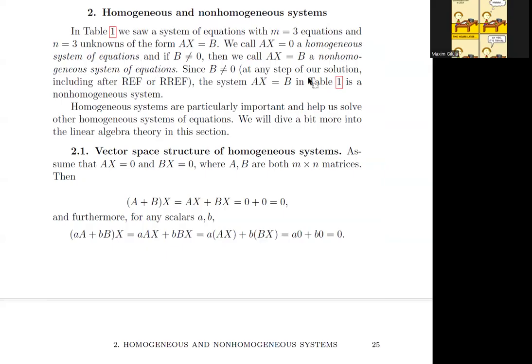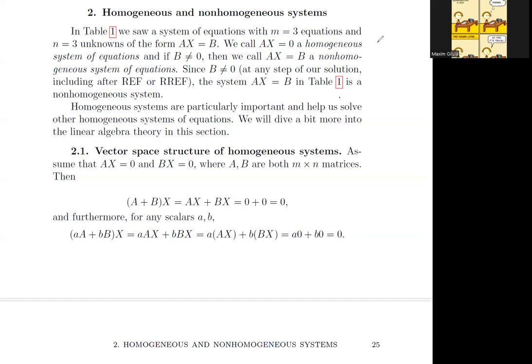And if b is not 0, it's called non-homogeneous. Since b was not 0 at any step of our REF process of the Gaussian elimination, the system Ax equals b is a non-homogeneous system. So if you're homogeneous, you stay homogeneous always. If you're non-homogeneous, you will always be non-homogeneous.